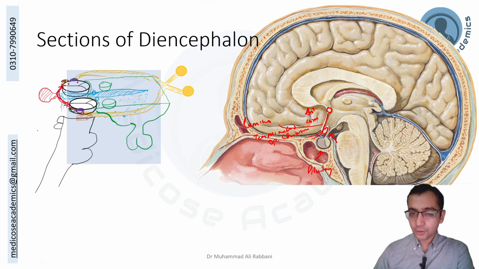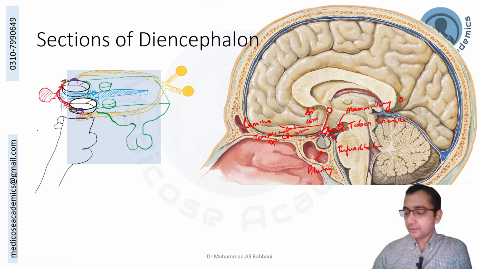This is the stalk of the pituitary, also known as the infundibulum, and this is the raised area on the undersurface. This raised surface is called the tuber cinereum. And here you are able to see these are the mammillary bodies.